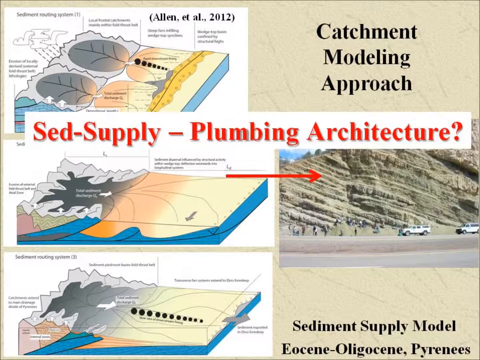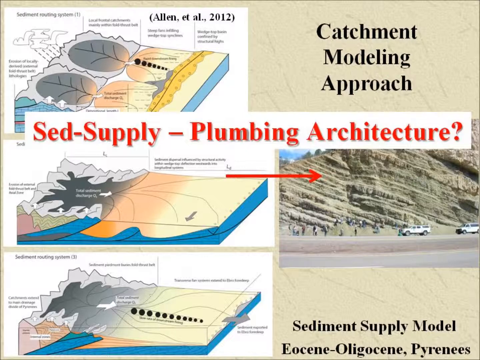Even so, catchment modeling, pouring in the sediment, it dictates something about what kind of basin deposits that you're making and the grain size variation. Even with that, sediment supply to plumbing architecture, we're completely lost on this one. In terms of actually making predictive models about what kinds of sediment we're delivering in the basin and how that's going to translate into individual plumbing pathways, we're still doing a lot of work on that.